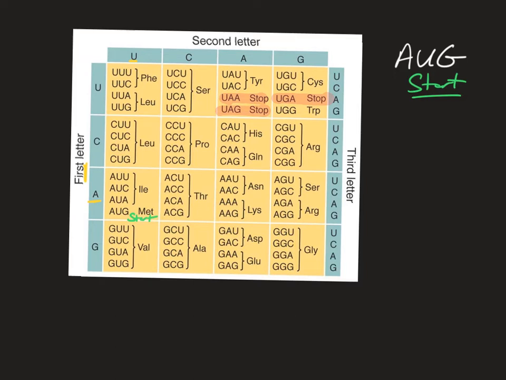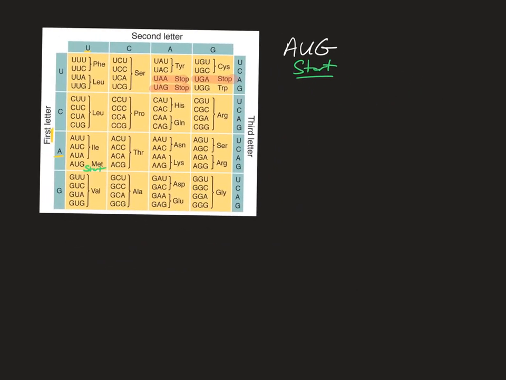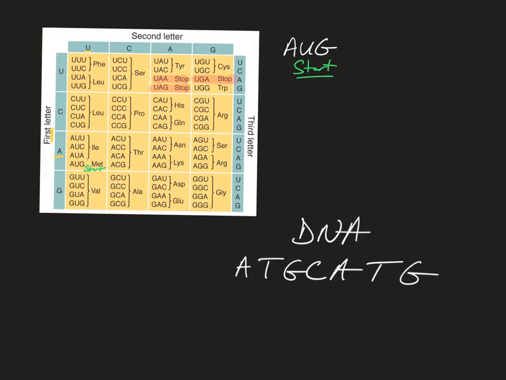So let's be clear. I should be able to, on the test, give you, oh, by the way, this is a chart. You can make one for anticodons, but this is a chart based on the codons. Is that clear? What I mean to say is, if I give you DNA, this is what I'm going to do on the test. I'm telling you what I'm going to do on the test right now. You're going to have A, T, G, C, A, T, whatever, a different sequence.